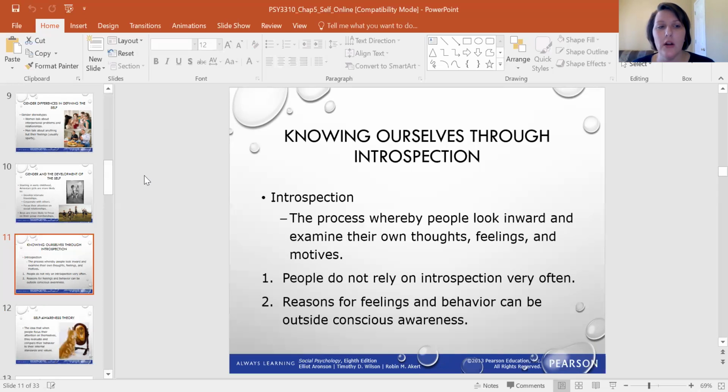But when we think about figuring out who we are, and looking at how we view ourselves, we can do a process called introspection. And this is actually a way to view yourself in therapy.